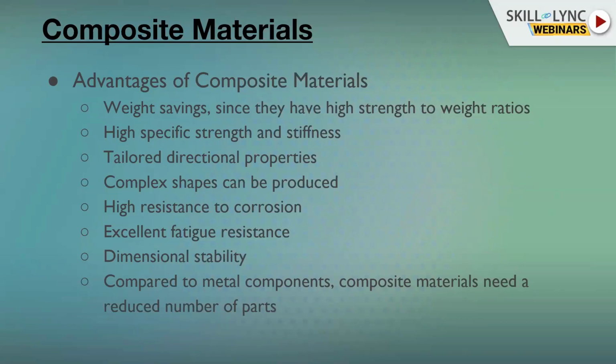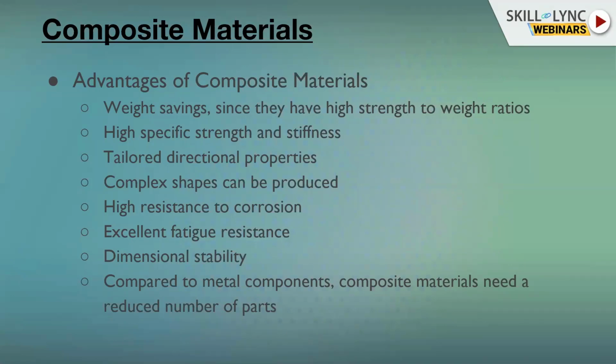Now composites have an advantage over the conventional materials, which is lightweight structures. Having a lightweight structure always helps, not just in saving fuel in the case of aircraft or any other automotive, but also in various other ways.